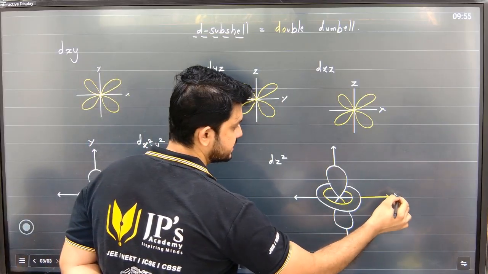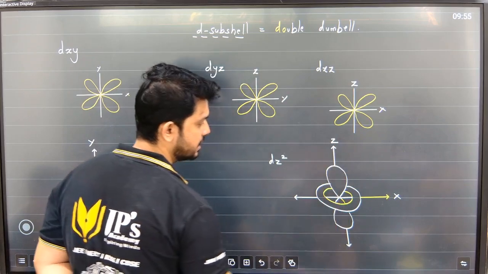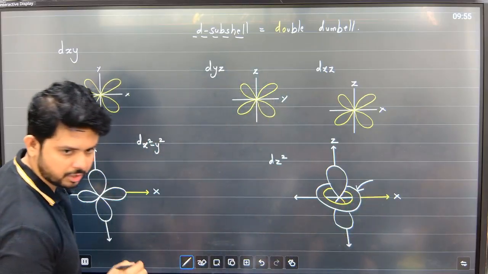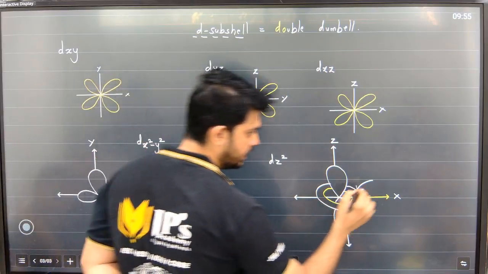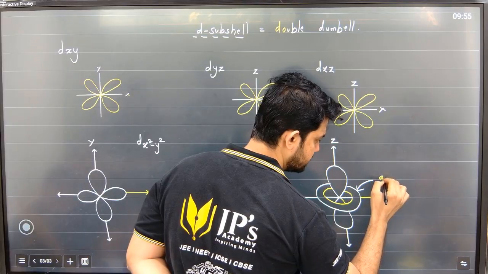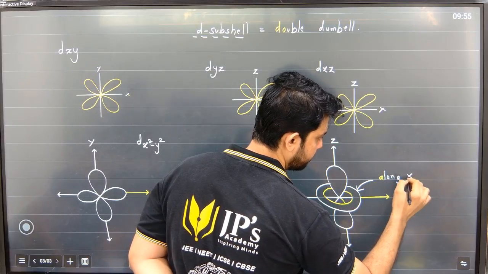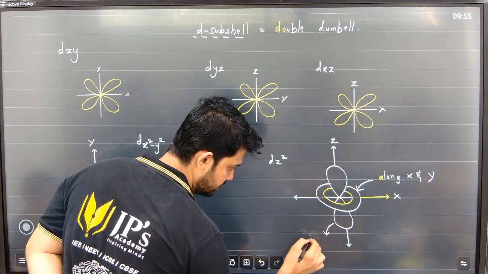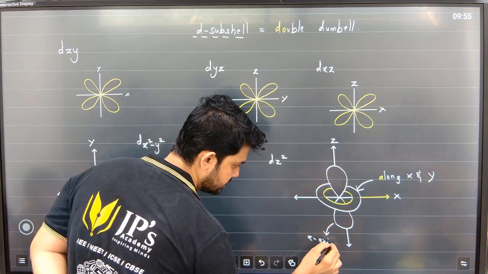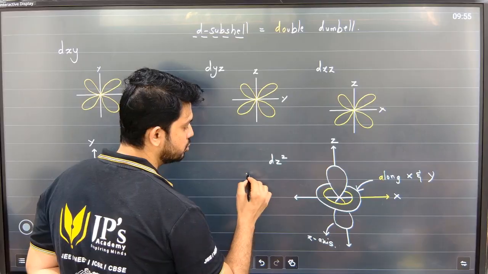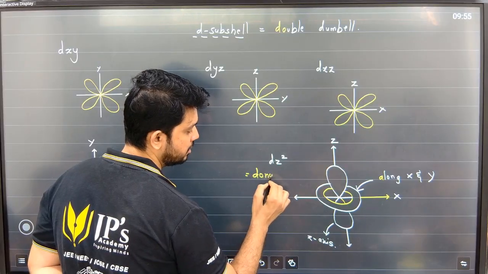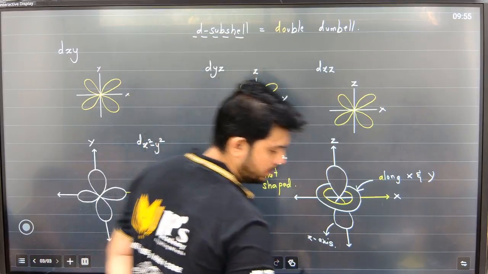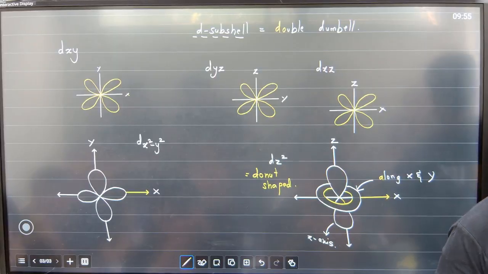This is x-axis, this is z-axis. The lobe here, which looks like a medu vada or a donut, is along the x-axis and y-axis. And this lobe here is along the z-axis. dz square is also known as donut shaped.